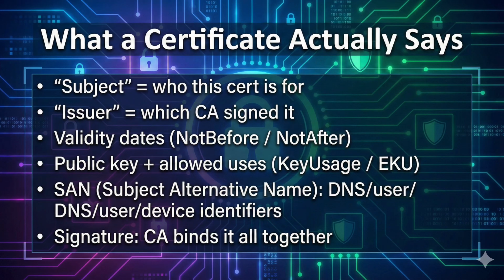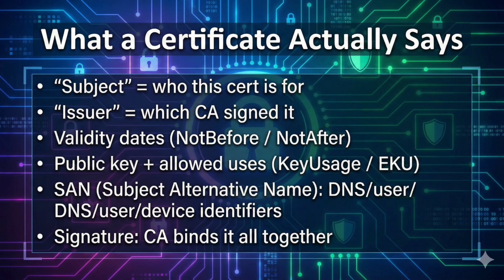The SAN, subject alternative name, is especially important. For websites, SAN usually contains DNS names like api.example.com. For devices or users, SAN may include other identifiers like UPNs or URIs, depending on your authentication design.